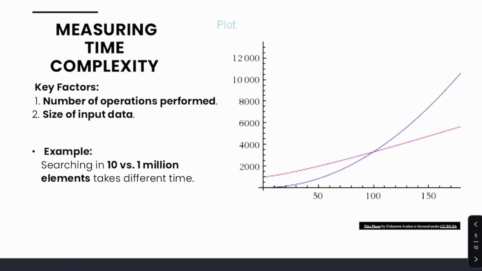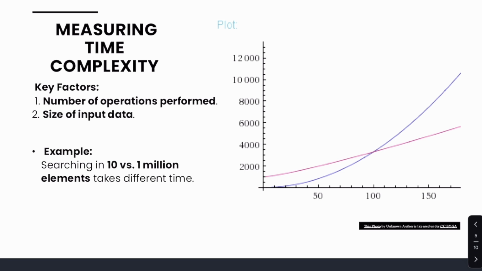So let's move ahead to measuring the time complexity. When we measure the time complexity, there are two key factors that need to be considered. One is the number of operations performed, and the second one is how the operations grow as the size of the input data increases. Let's take one simple example.